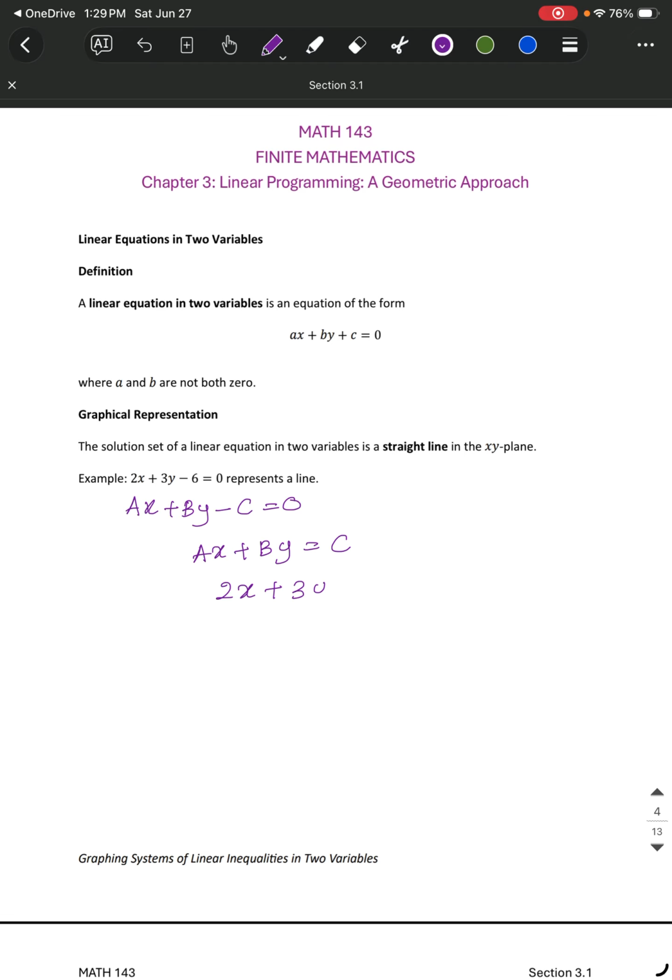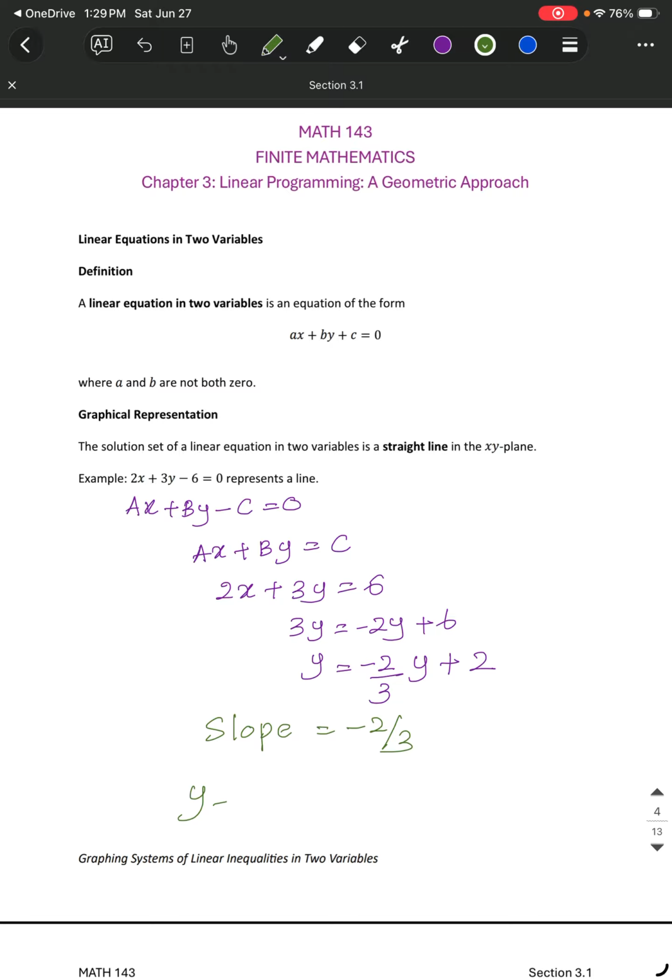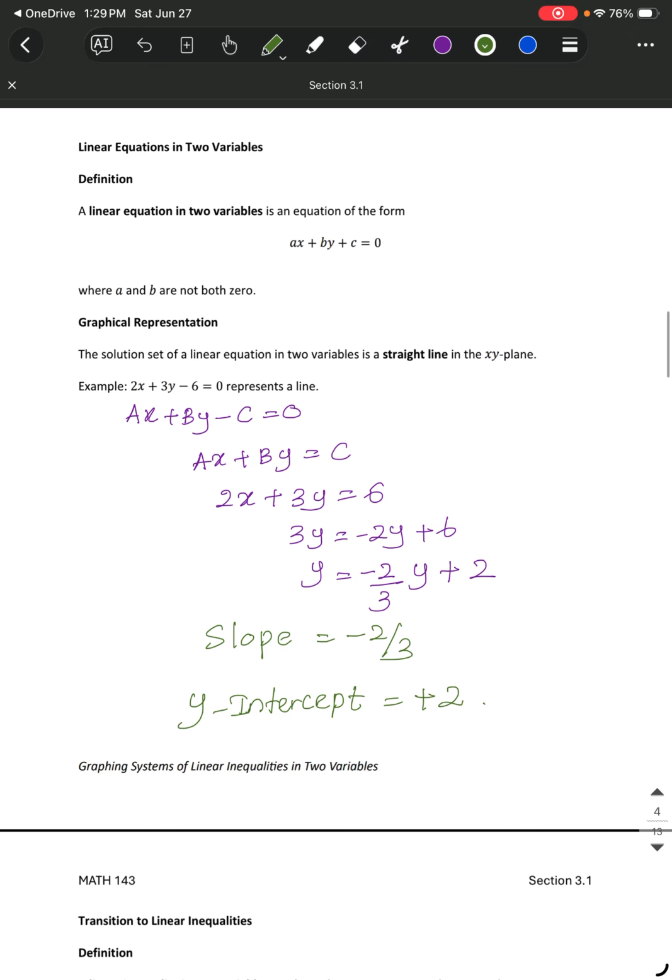So 2x plus 3y equals 6, 3y equals negative 2x plus 6, y equals negative 2 over 3 x plus 2. So the slope of the line is negative 2 over 3, and the y-intercept equals positive 2.